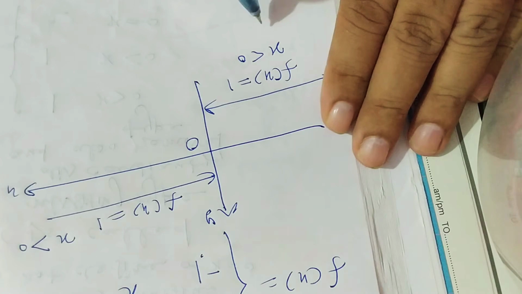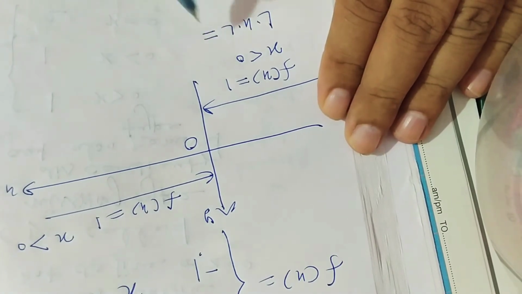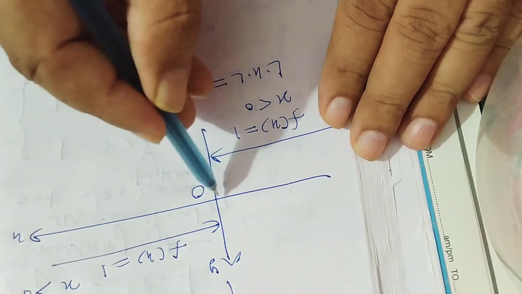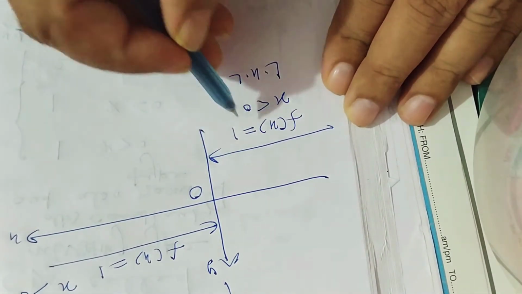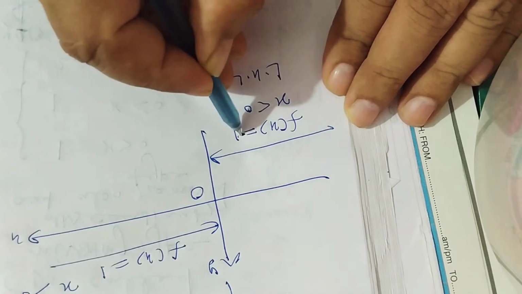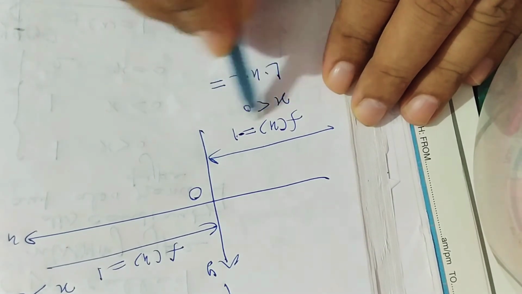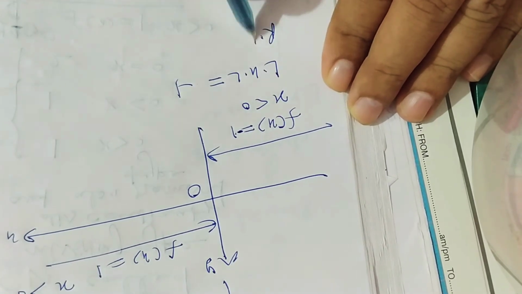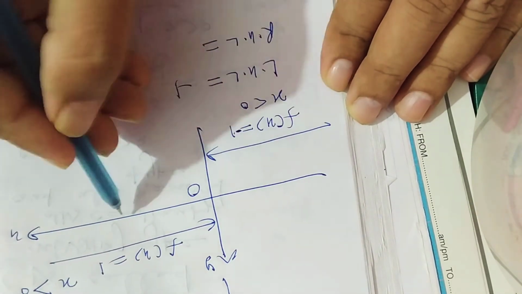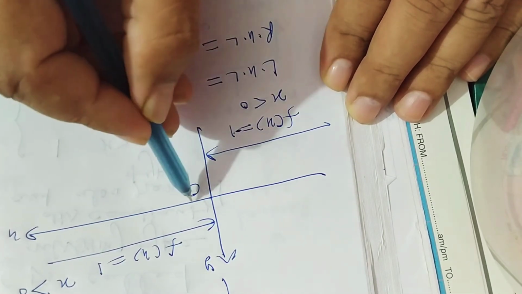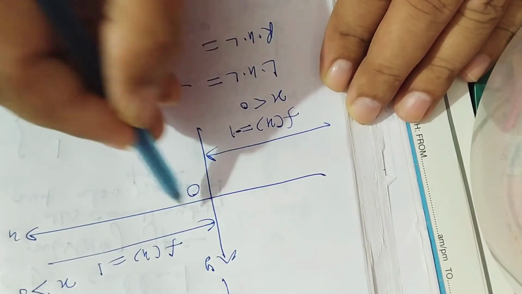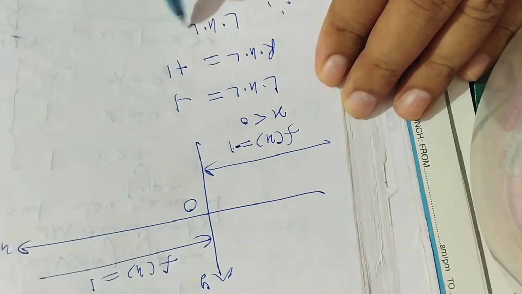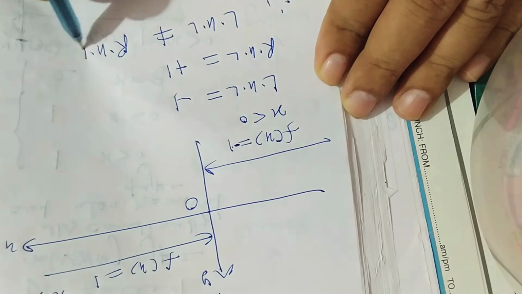In this case, we see that LHL, the limit just left to 0, is minus 1, f(x) equal to minus 1. RHL, the limit just right side to 0, we see that this side is 1. Therefore RHL is plus 1. Therefore LHL is not equal to RHL.